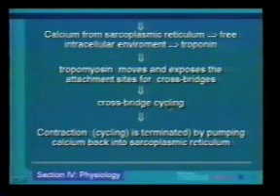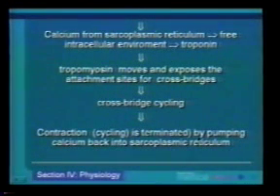And as long as you're in the contraction mode, the calcium remains attached to the troponin, and you get continuous cross-bridge cycling. Now, contraction is terminated, meaning cycling is terminated, by the active pumping of calcium back into the sarcoplasmic reticulum.